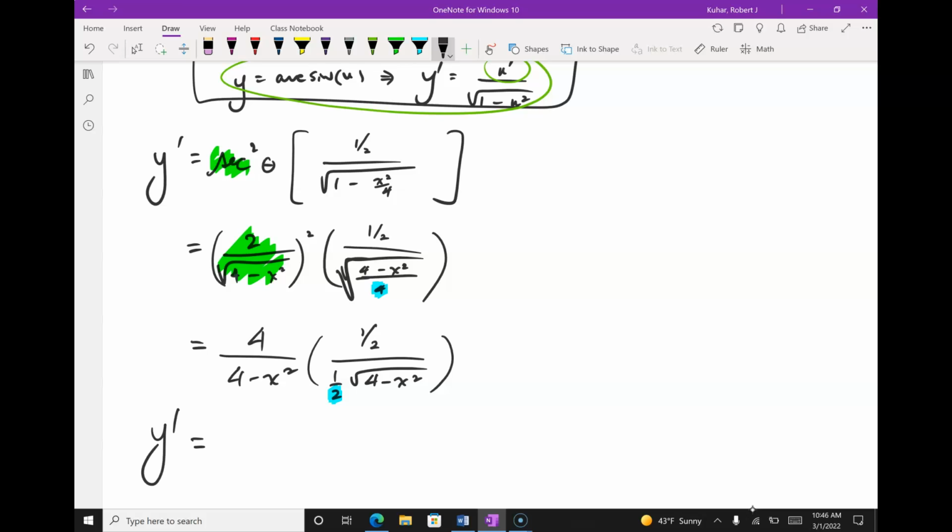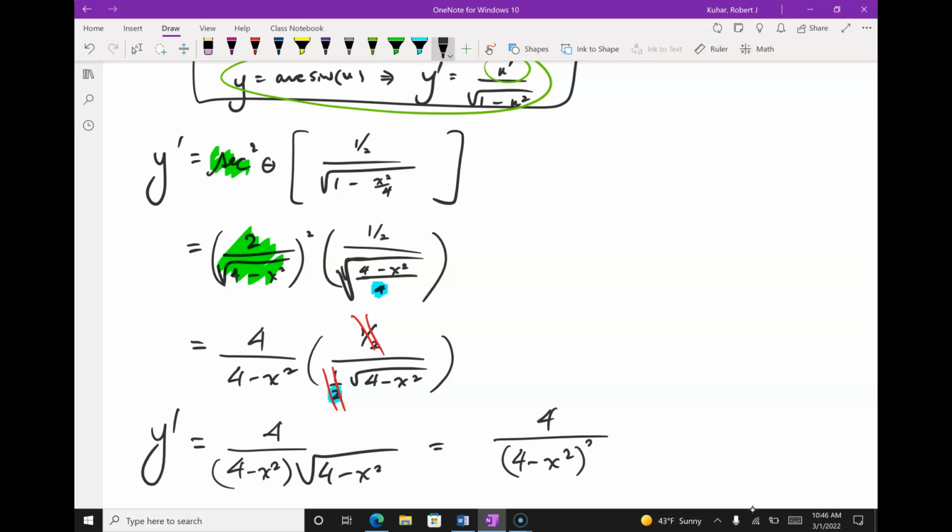The 1/2s cancel. So I get 4 over 4 minus x squared times the square root of 4 minus x squared. Well, that simplifies to 4 over 4 minus x squared to the 3/2 power. There it is.